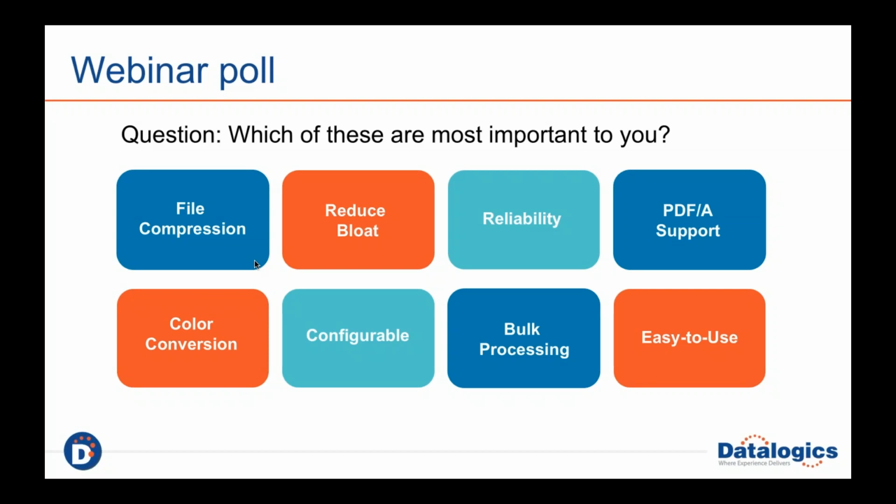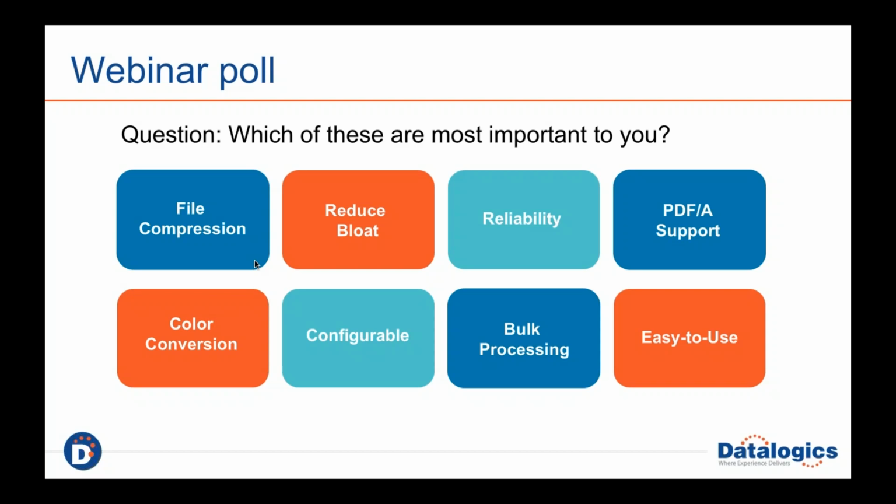But another way to reduce bloat would be, say, your document is littered with duplicated fonts that don't have to be there. You can reduce bloat by removing those duplicated fonts, merging them into common fonts so they don't have to be repeated, and that would be a way of reducing bloat without necessarily relying on compression.